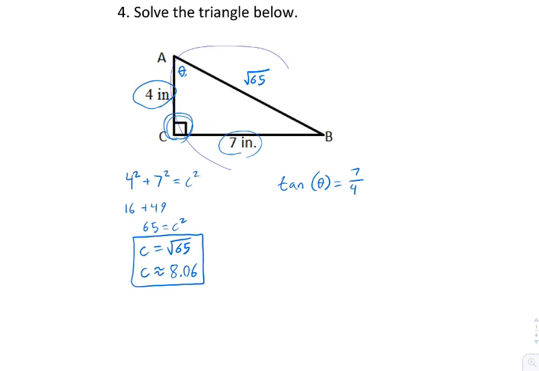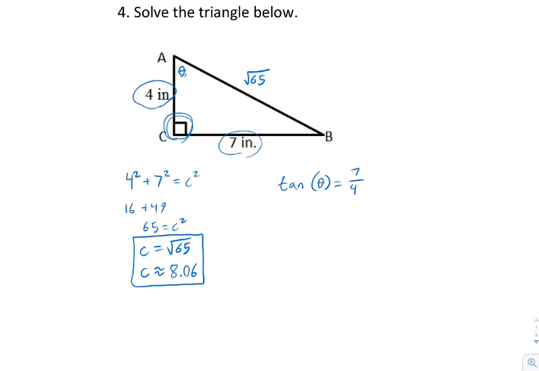So I could have used these in the sine, or I could have used these values in the cosine. So you can choose any trig function you want since you have all three sides. But because the 7 and the 4 are so precise and accurate, they're exactly integers, I'm just going to use those two. Okay, so the tangent of that angle is 7/4.